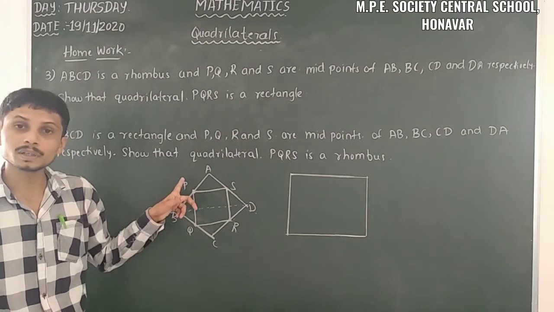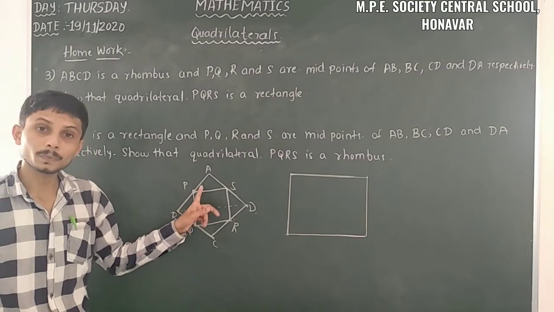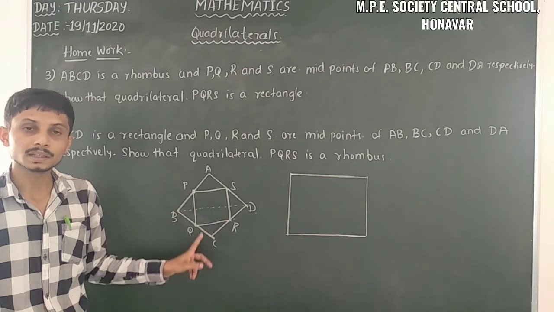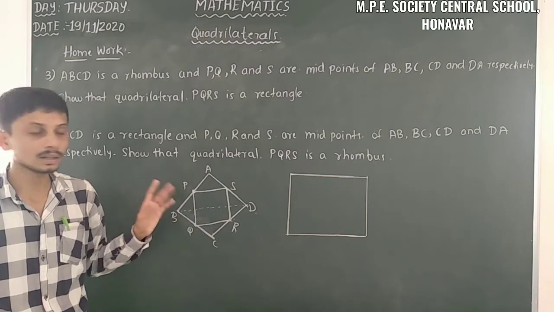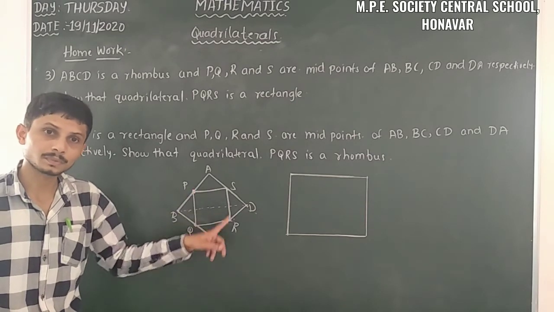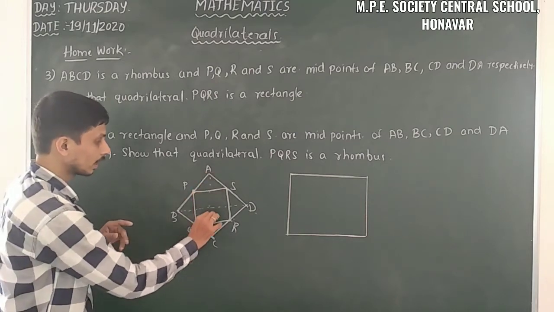For this quadrilateral to be a rectangle, the opposite sides must be equal and parallel. Only when the opposite sides are equal and parallel can we consider PQRS a rectangle. Also we can take another diagonal.